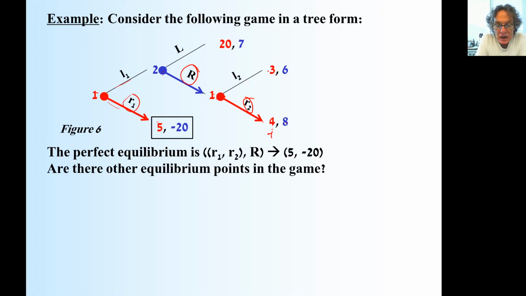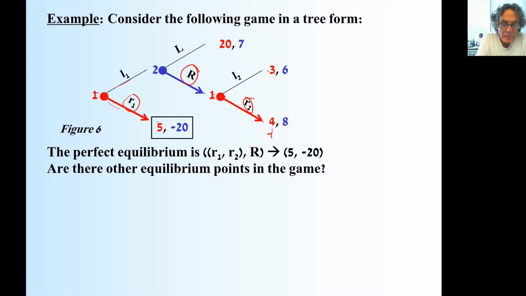Actually, they don't take it. If 1 goes down to the right, 2 doesn't take a decision and 1 does not take the second decision. However, I have to specify for rational players what they would do if they get to any node where they have to make a decision.